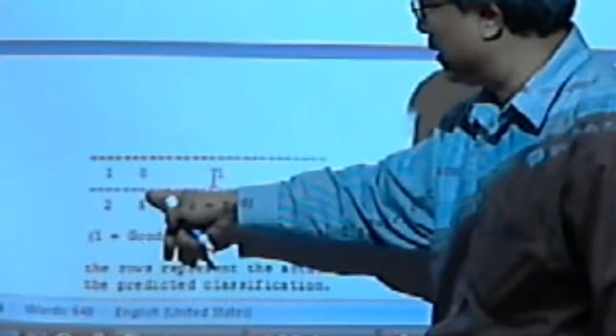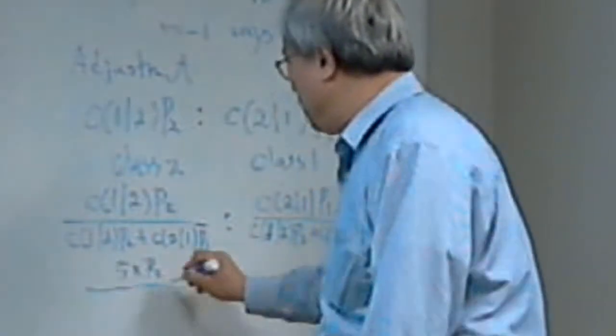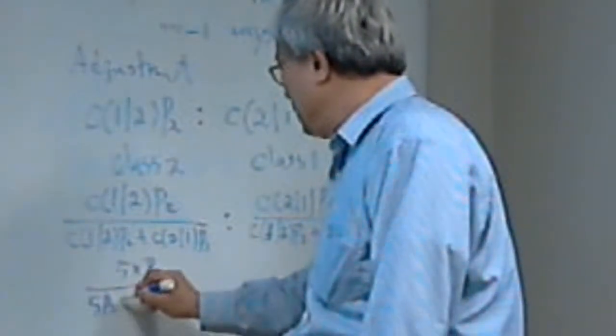C21 is 5, given 2 and 1. The true identity is 2, but you misclassify as 1. The cost is 5. So you should have 5 times P2 over 5P2 plus the other cost, which is 1, so just P1.